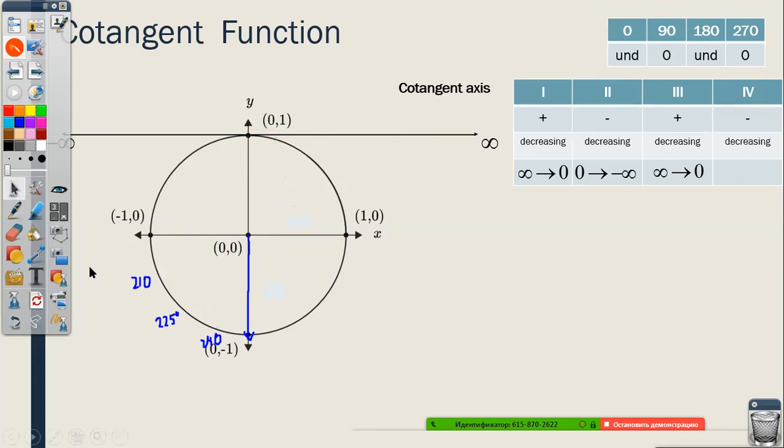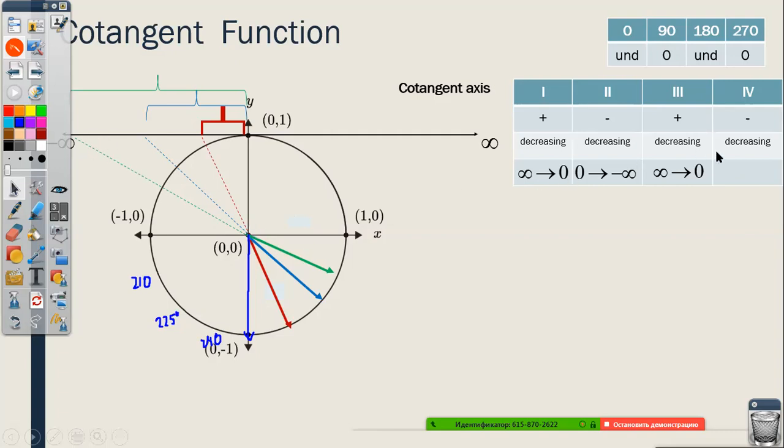Then we continue with the fourth quadrant, again three angles. So here when the angle is increasing, again cotangent is decreasing, so it's moving to negative infinity.